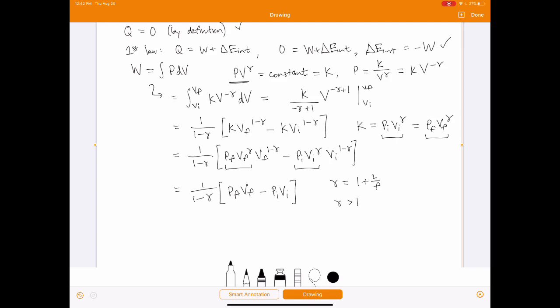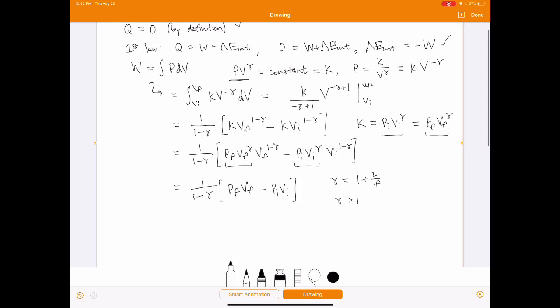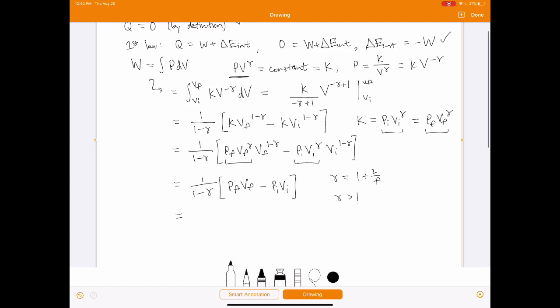So if gamma is greater than 1, and we're doing 1 minus gamma, that's going to be something negative. Okay, so I don't want a negative sign kind of hiding in our equation, so here's what I'm going to do. I'm going to write minus out front, and then I can switch this to gamma minus 1.